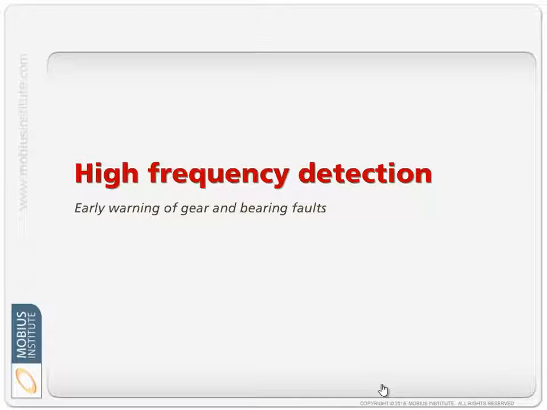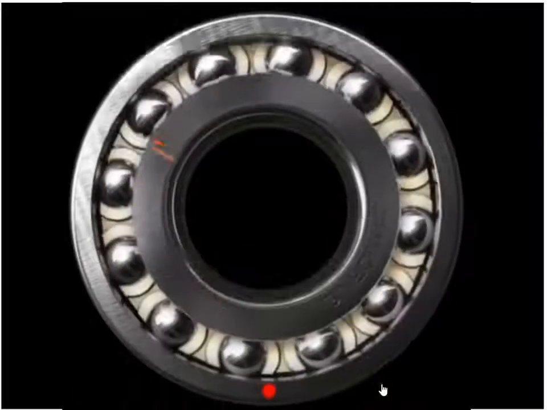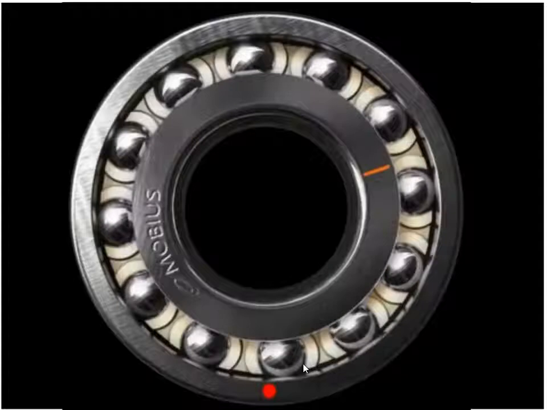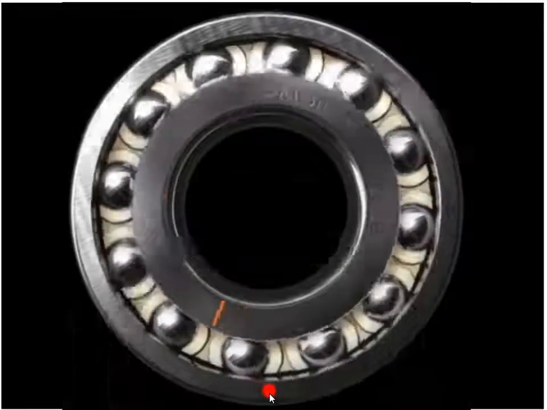Now there's a special type of spectrum analysis where, instead of just looking at the normal range of frequencies, let's simplify it and say, up to 1,000 hertz or something like that. Hertz is cycles per second. Instead we look beyond that, because it turns out that when we have, for example, a fault on the outer race of the bearing, while the rolling elements are not making contact with that point, there is no vibration.